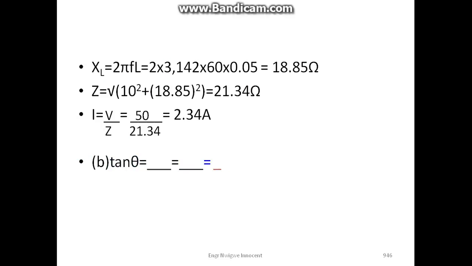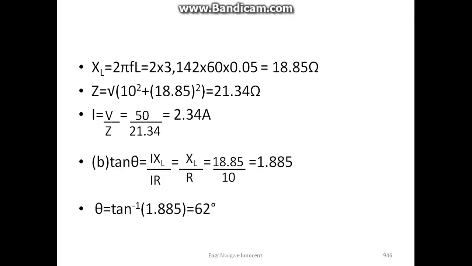B, tan theta is equal to IXL over IR, which is equal to XL over R, which is equal to 18.85 over 10, which will give us 1.885. Therefore, theta is equal to tan inverse of 1.885, which gives us 62 degrees.